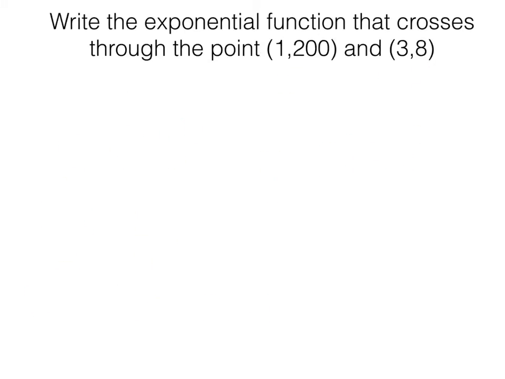These problems get a little bit more complicated when I don't give you the y-intercept, because now you have to solve for your a and b values. So first thing you're going to do is create two equations for each of your coordinate points.